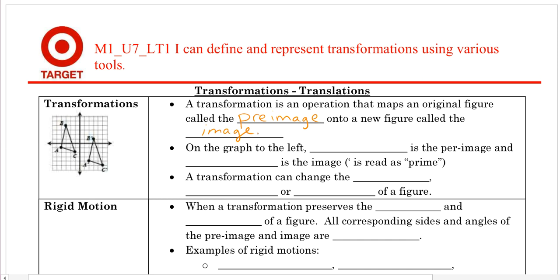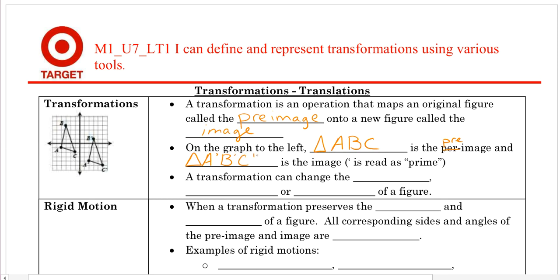So if you look at the graph on the left, we see that we have triangle ABC, and that is the pre-image. Then we have a second triangle, and if you look closely, you'll see that it has A with a dash next to it, B with a dash next to it, and C with a dash.